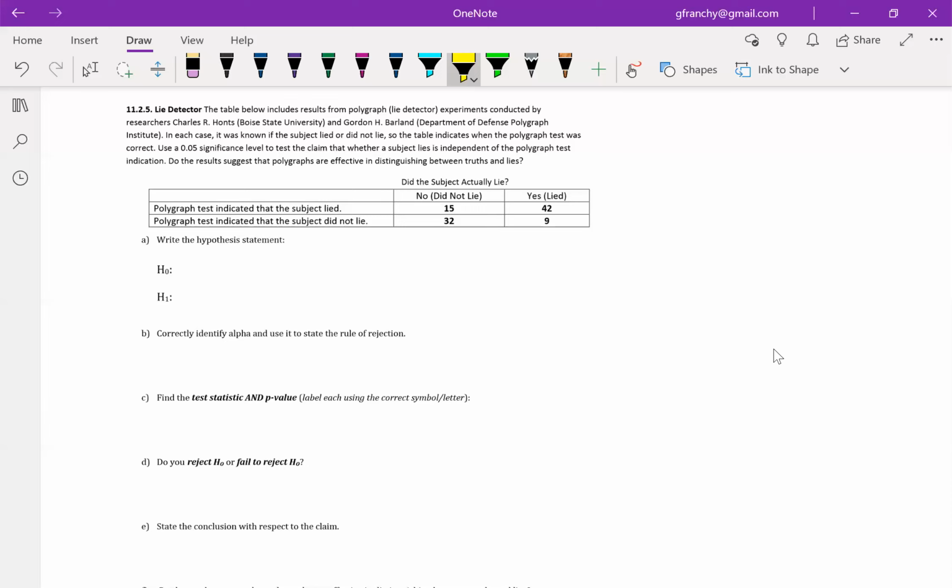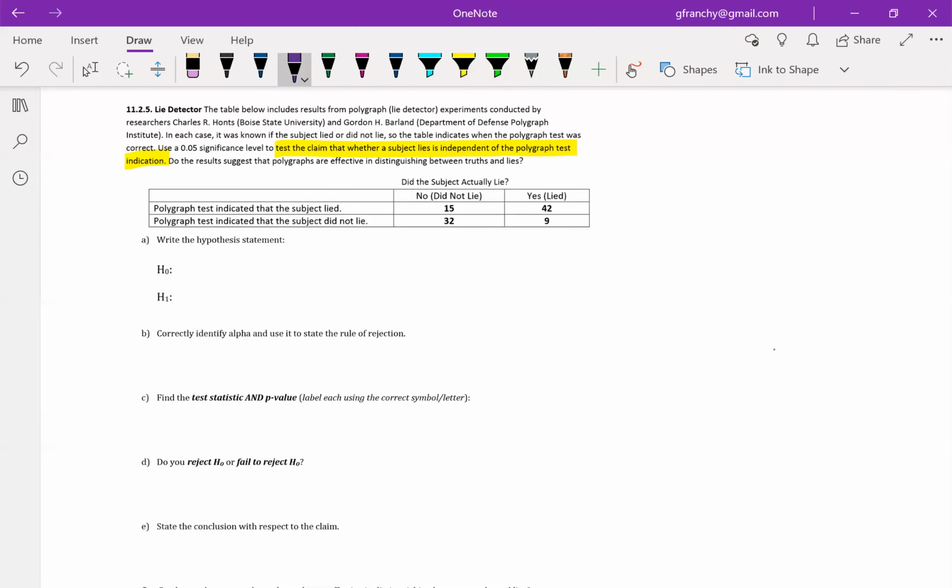So let's go find our claim here. And when you go to name your variables, you don't have to give them huge names. What's going to be nice about this is our null hypothesis is always that they're independent of each other.